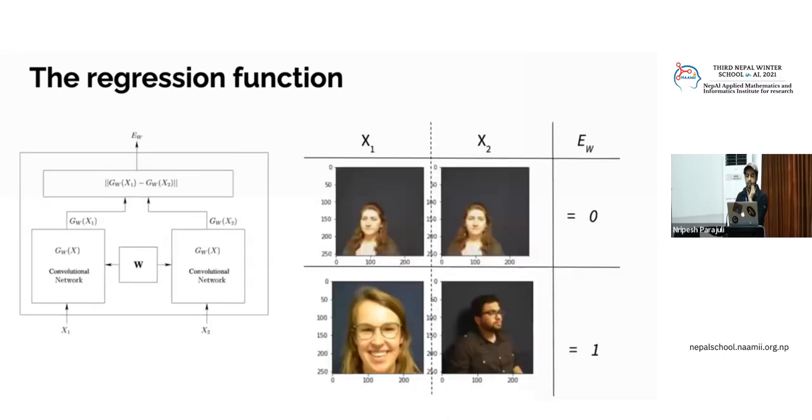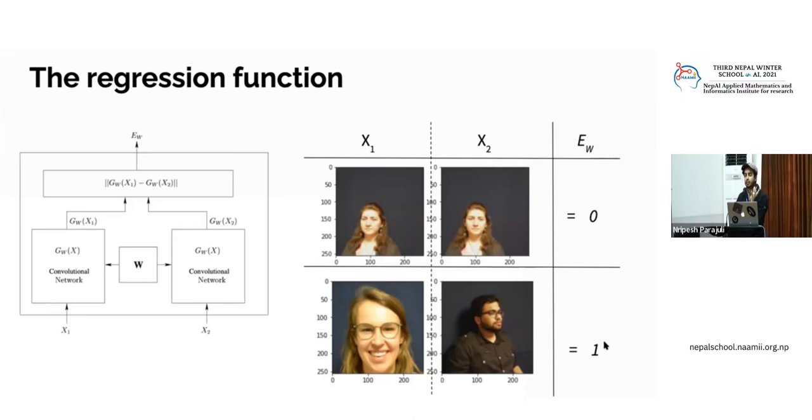All right. So this is sort of the ideal case. This is what we want. We have pairs of matching faces, and the distance would be 0, and not matching, 1.